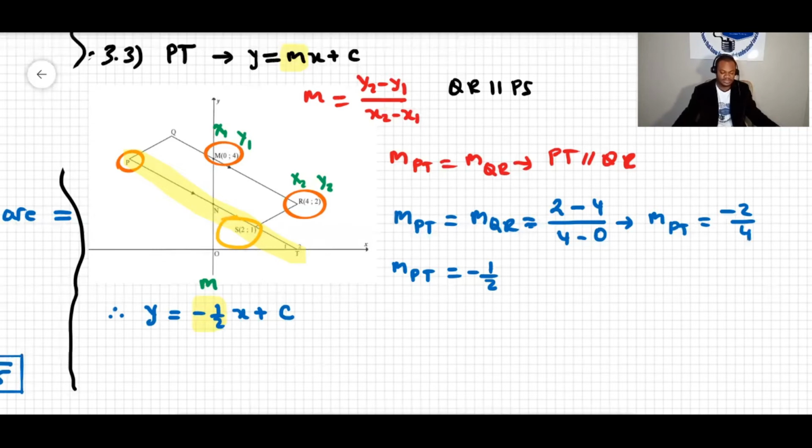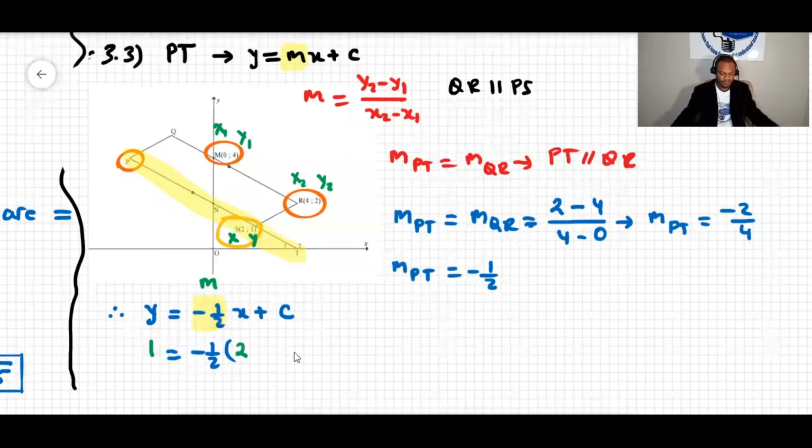We know x is 2 and y is 1. So 1 equals -1/2 times 2 plus c.